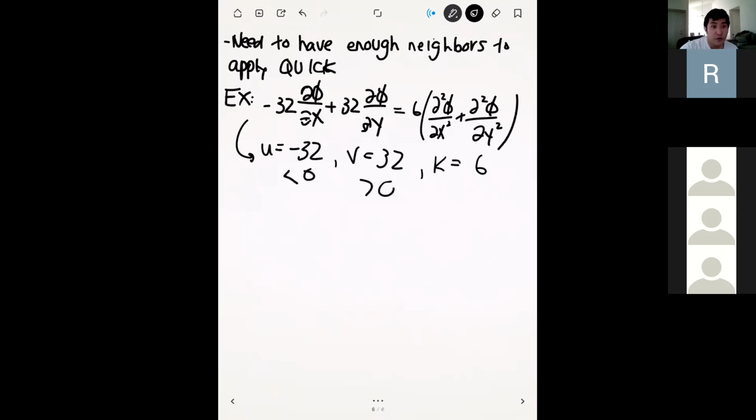And since it's relevant to our Clique scheme, let's write out explicitly the sign of our velocity. Our x velocity u is less than 0 because it's minus 32, and our y velocity v, 32, is greater than 0. So that's going to affect which Clique scheme we use. In this problem, I gave you two cells, cell number 8 and cell number 29, and I want you to write out the algebraic equations for those cells.